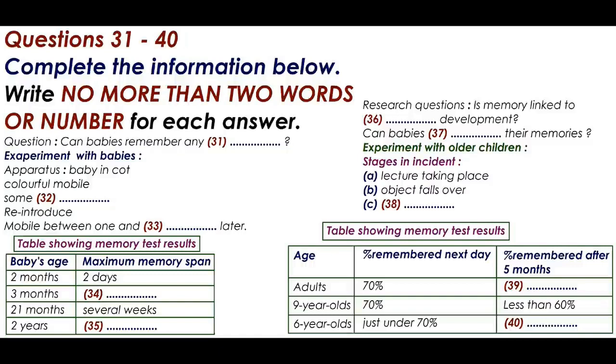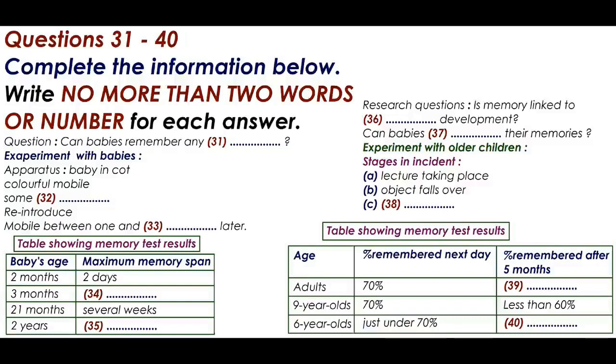Though they may be capable of storing memories, do they have the ability to retrieve them? One expert has suggested an analogy with books on a library shelf. With infants, he says, it's as if early books are hard to find because they were acquired before the cataloguing system was developed. But even older children forget far more quickly than adults do.